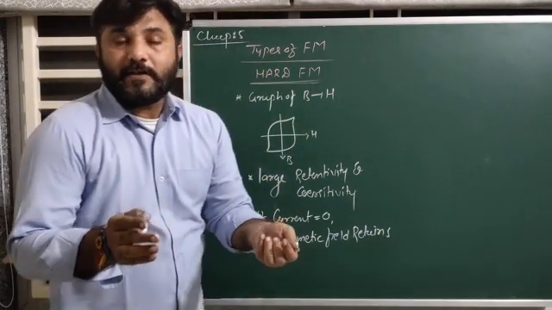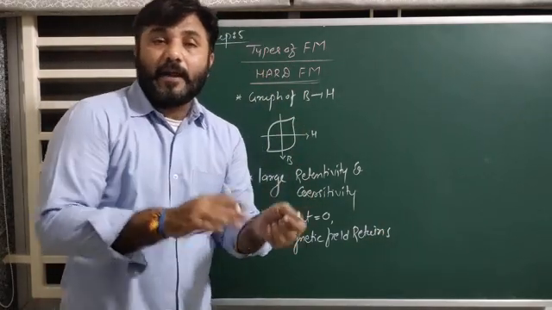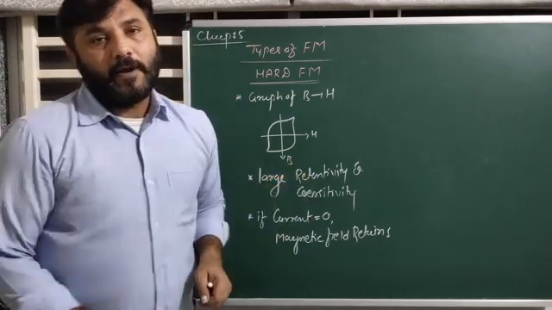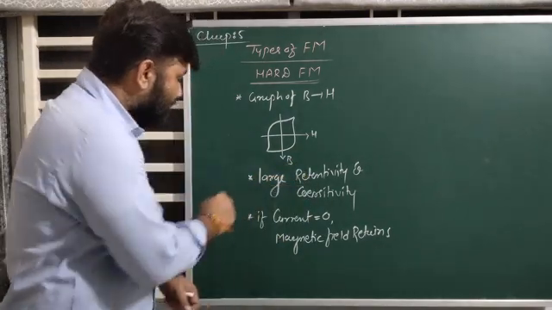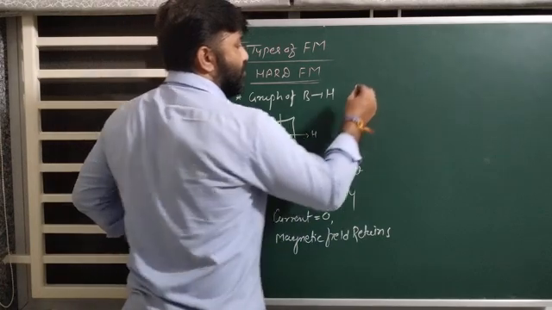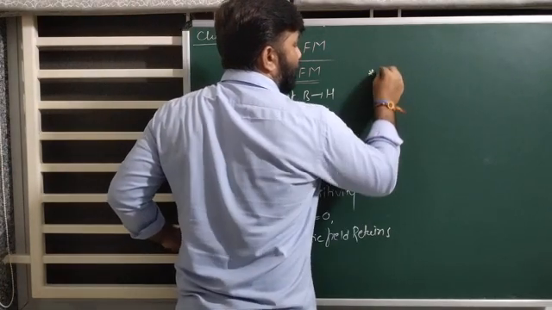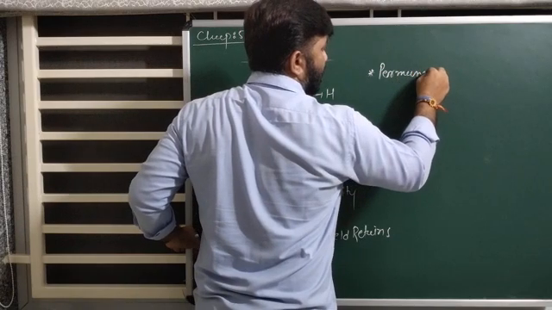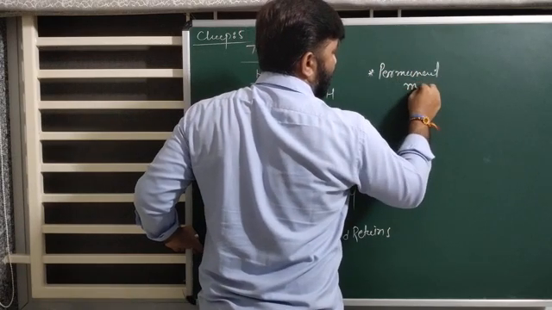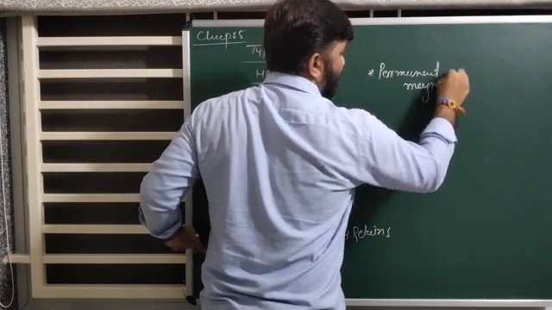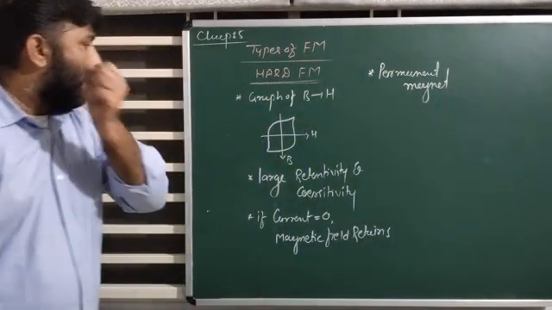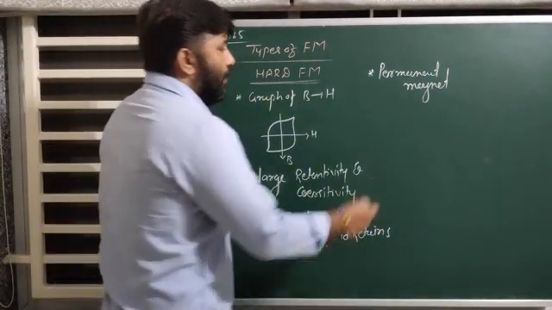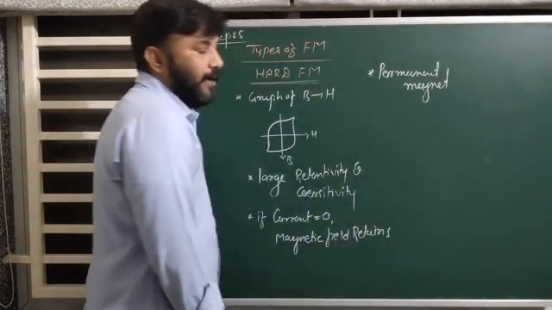Means magnetic field which is produced inside the material remains forever. Means such type of material is used to prepare permanent magnet. Right? Such type of material is used to prepare permanent magnet.